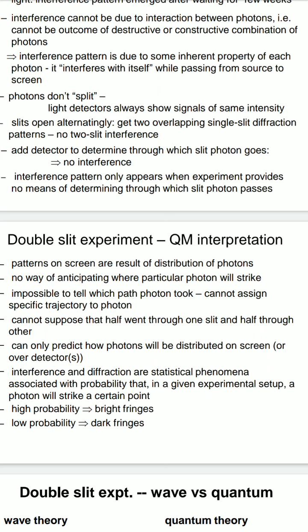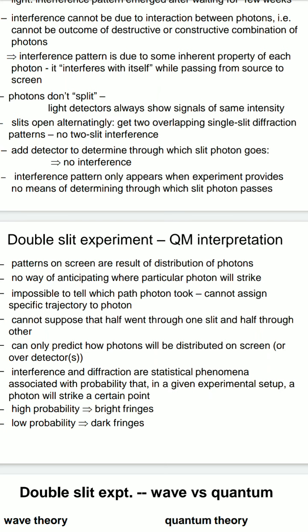So that is one of the points in quantum mechanical interpretation. And also, it is impossible to tell which path the photon took. That is the same as what I said in the second point itself. We cannot anticipate at which position the photon will strike and which path it will take.